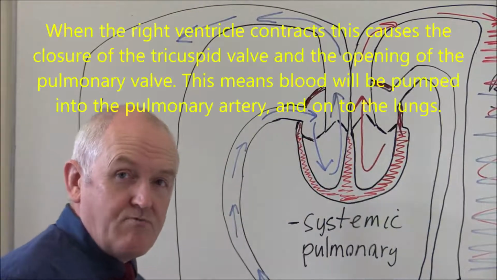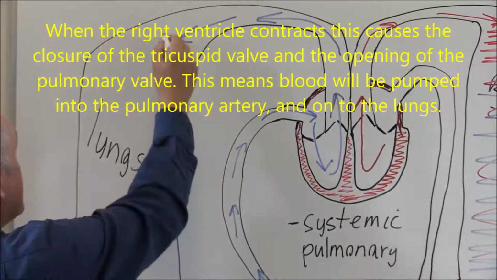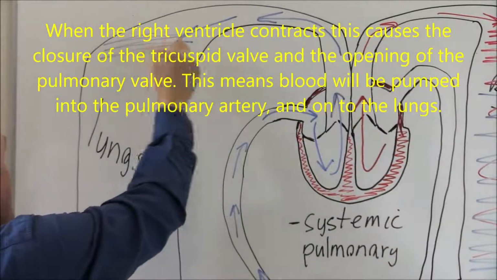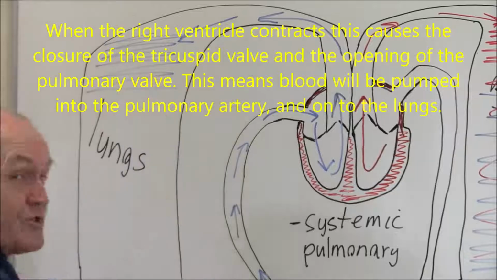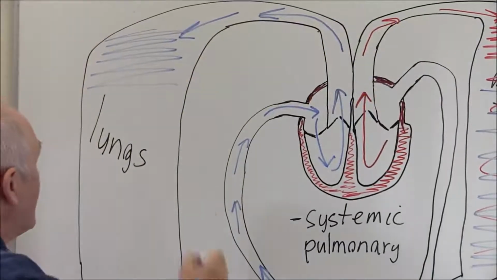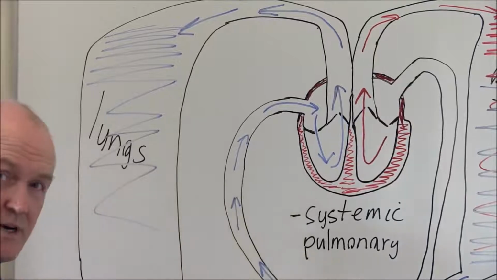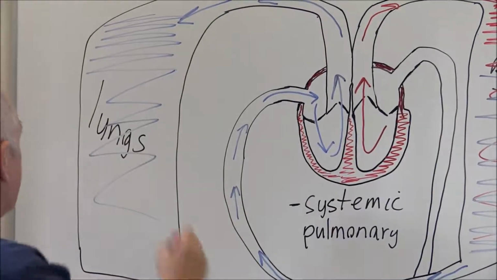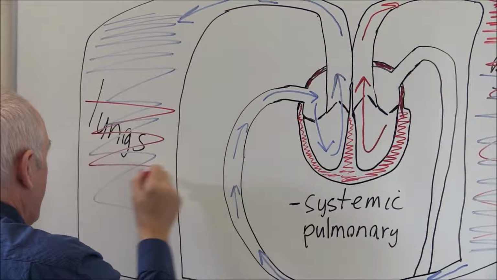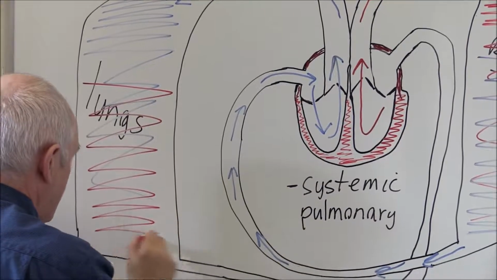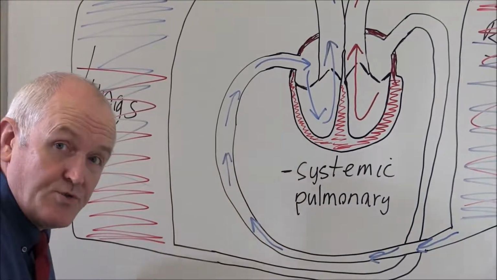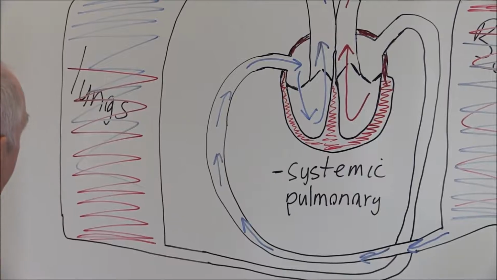So when the blood arrives in the lungs, it's going to be dark red, relatively deoxygenated blood. As it goes through the lungs, it's going to become progressively oxygenated, and it will progressively become brighter red until it's 95 to 100% saturated.